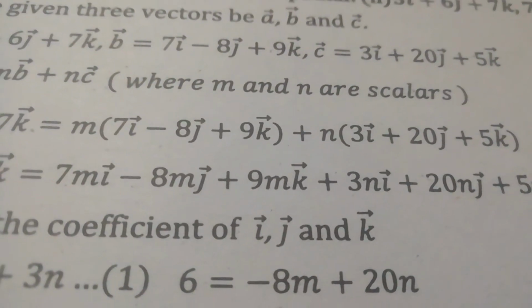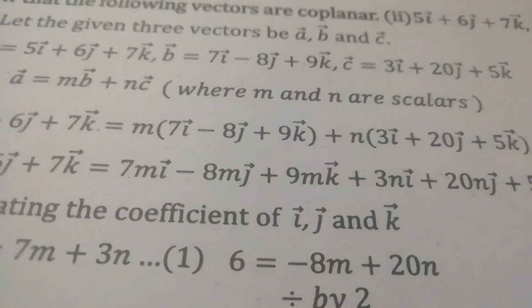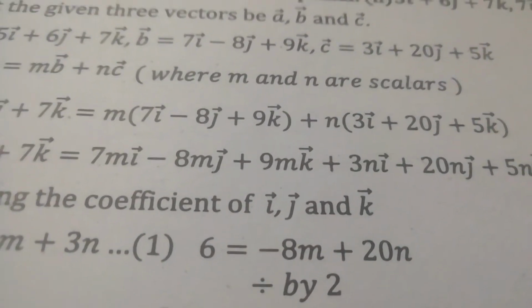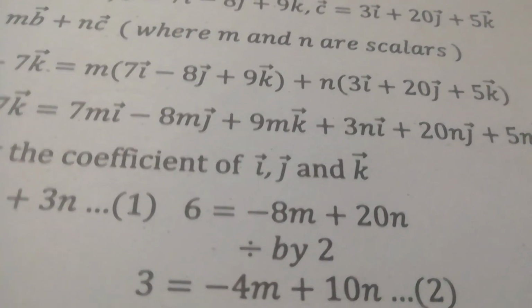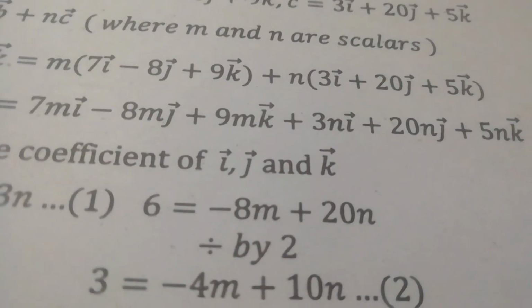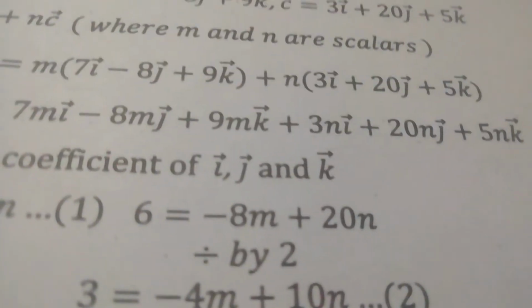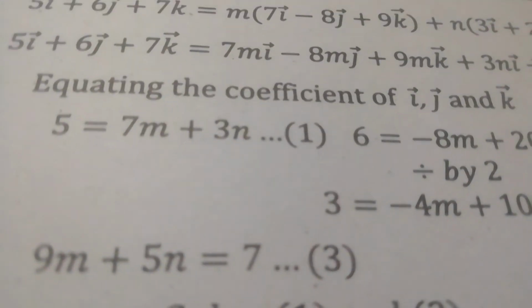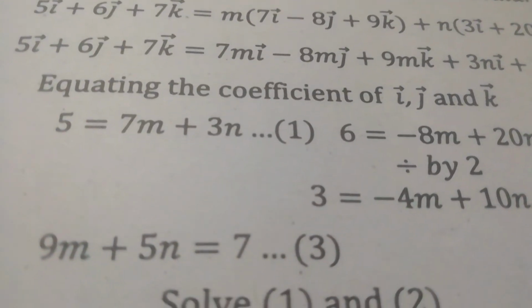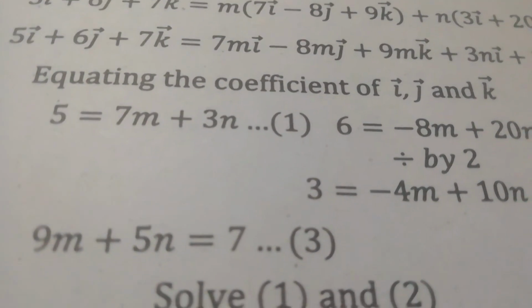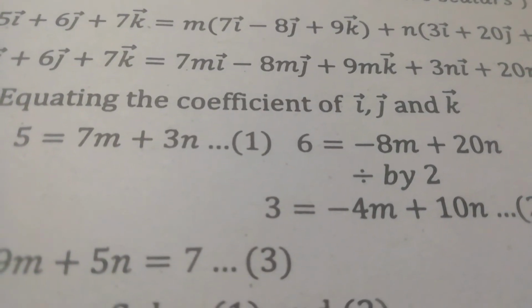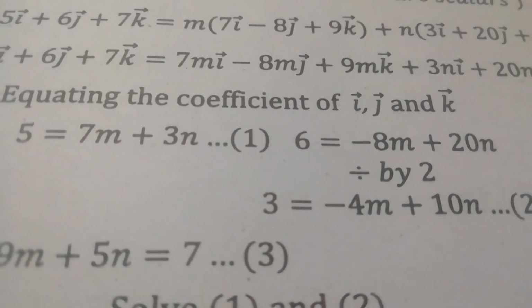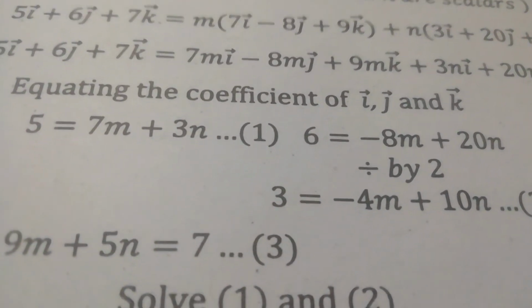What's the coefficient of j? Here 6, here minus 8m plus 20n. If we divide by 2 we get this. The third one, k. What is the coefficient of k? LHS 7. What is the coefficient of k on the RHS? 9m plus 5n.